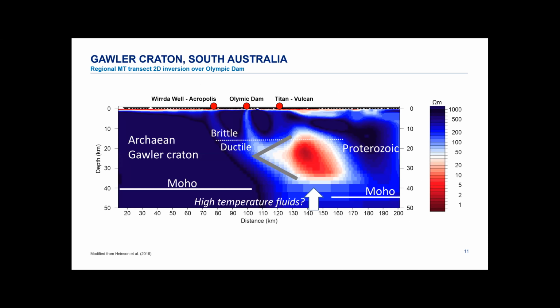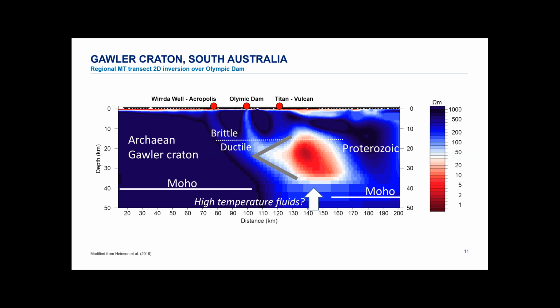So on the Gawler Craton, this is probably one of the poster childs for why we need to do big regional MT surveys. This is modified from Graham Heinsohn in 2016, and I'm pretty sure he's published something newer than this. But regardless, it suffices for what I want to talk about today.